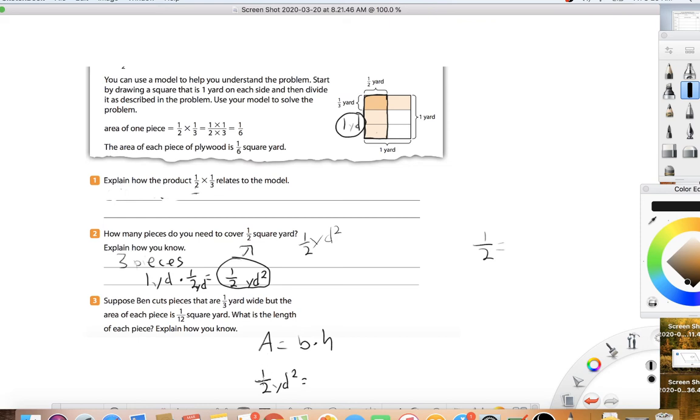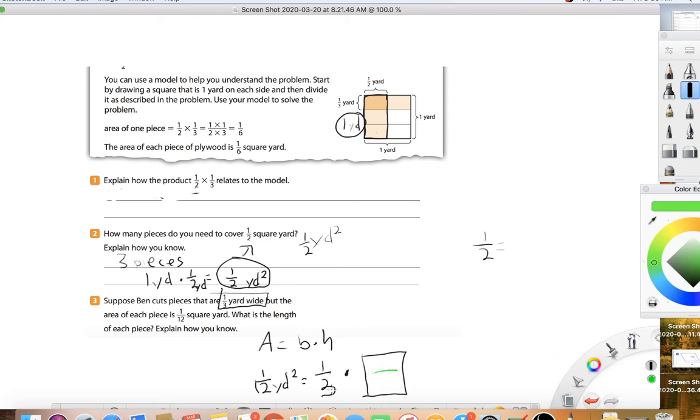We know that the pieces are 1/3 wide. We just need to figure out what's the missing piece. 1/3 times what? If the area is 1/12, what would we need to create right here to make it fit?